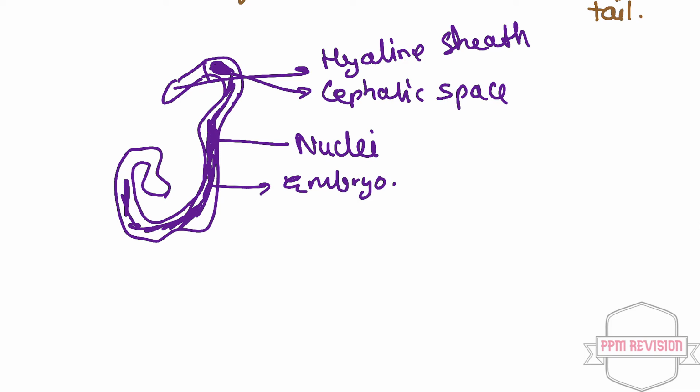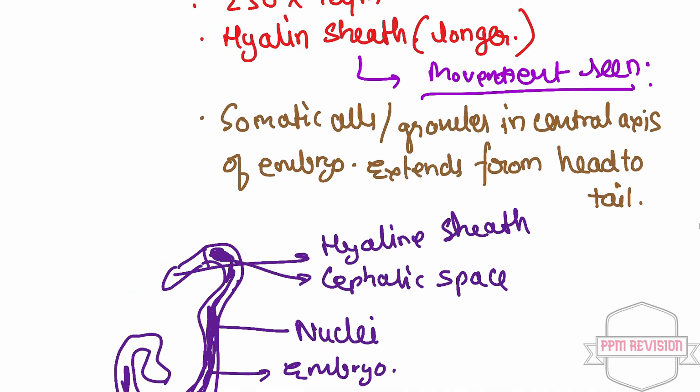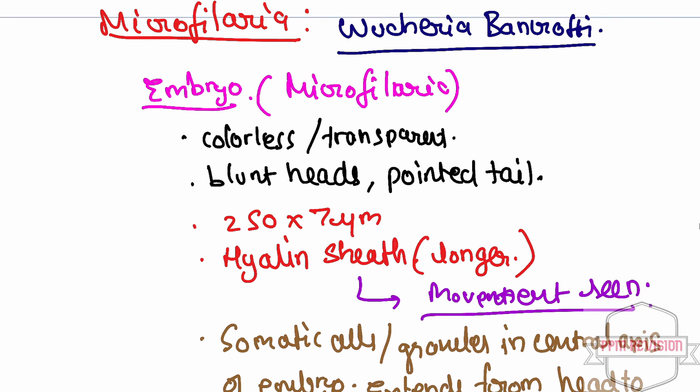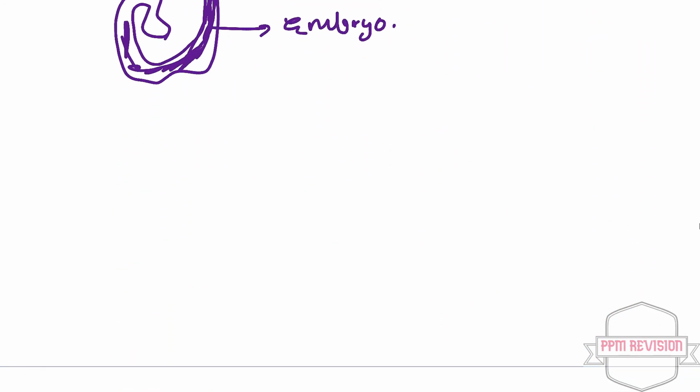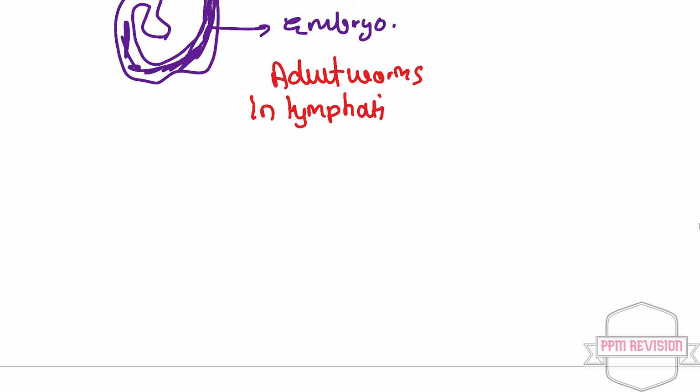Now quickly looking at the life cycle, since we discussed the microfilaria, we'll be looking at the life cycle as well. So here in the life cycle, the adult worms are present in the lymphatic system of man.